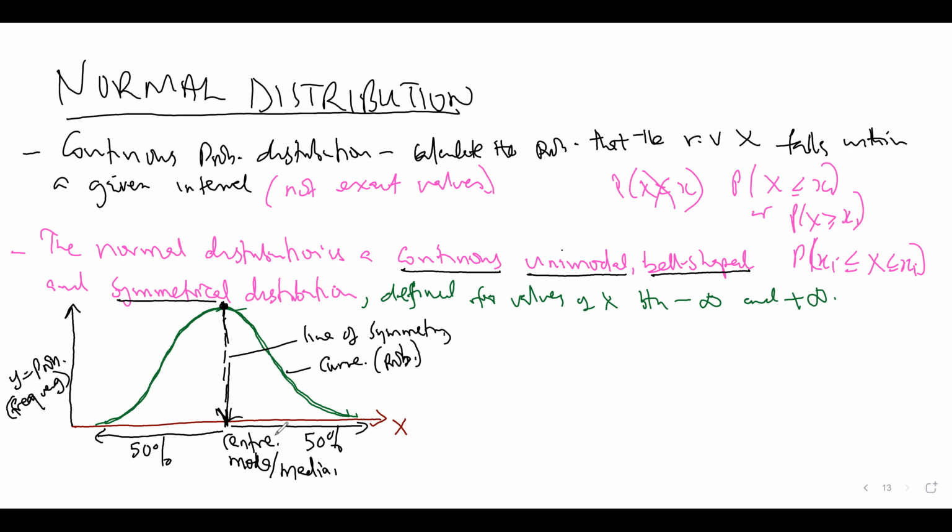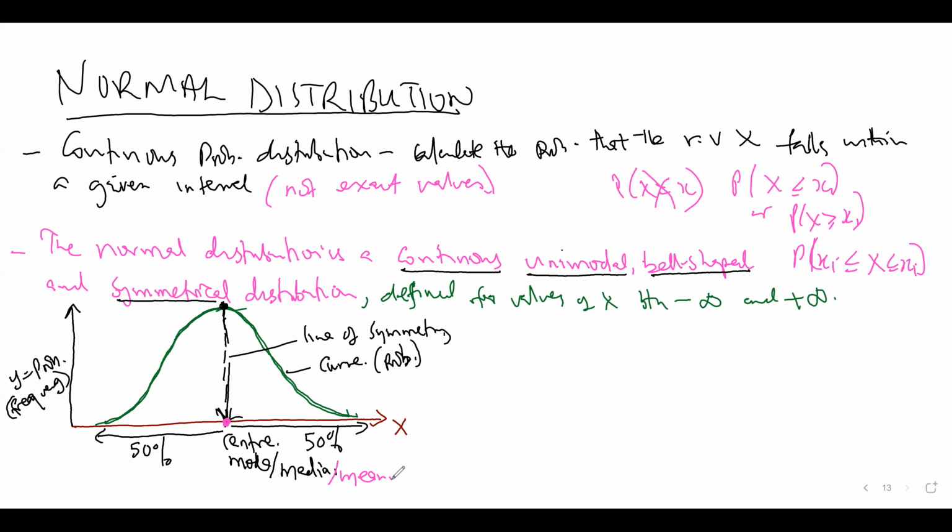So this particular point corresponds to at least those two measures: the median and the mode. It can also be proved that it is equal to the mean. So the normal distribution is such that the mode, the median, and the mean are equal.